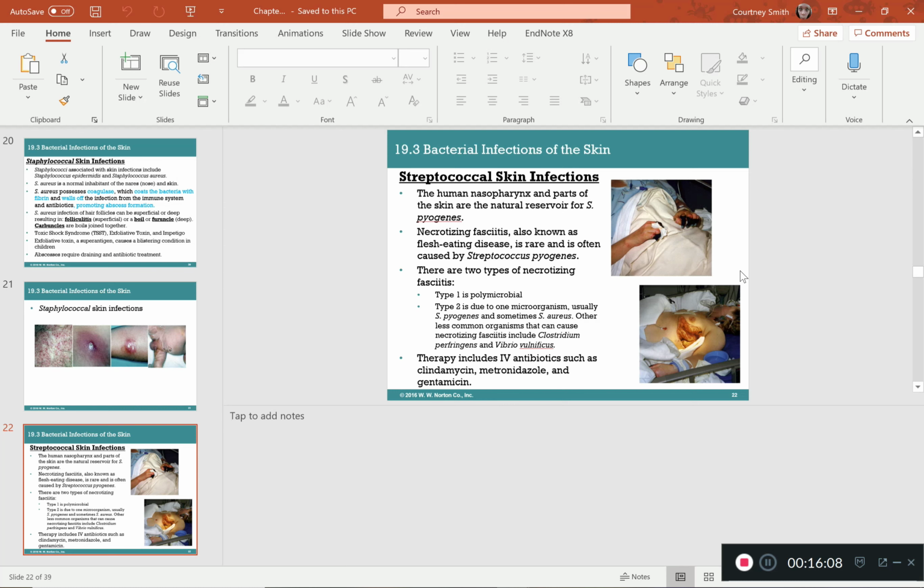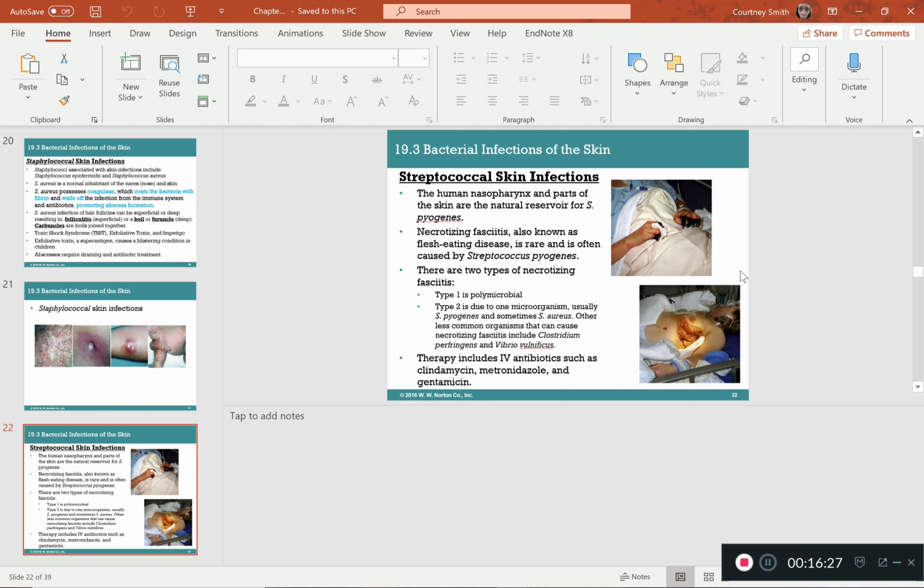Type 1 is associated with other microbes, and the other is caused by only one microorganism, whether S. pyogenes, which is normally the species, or Staph aureus. But normally it is Strep pyogenes if it's only going to be one organism.